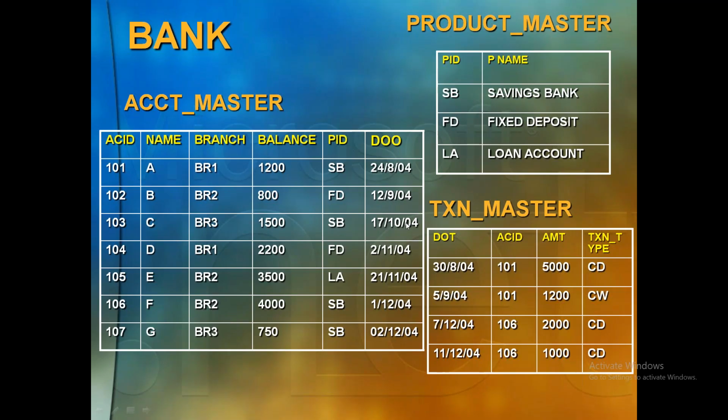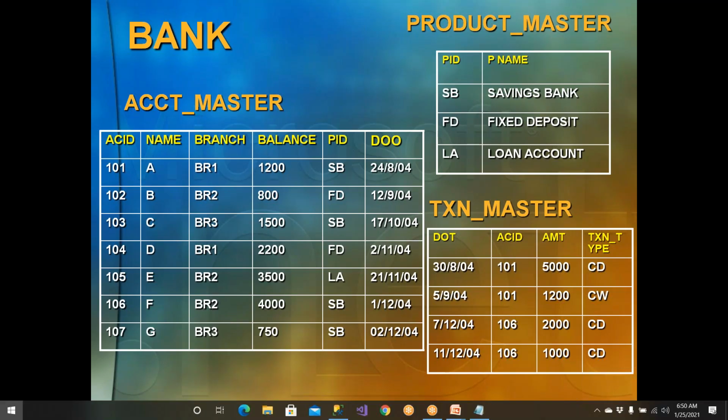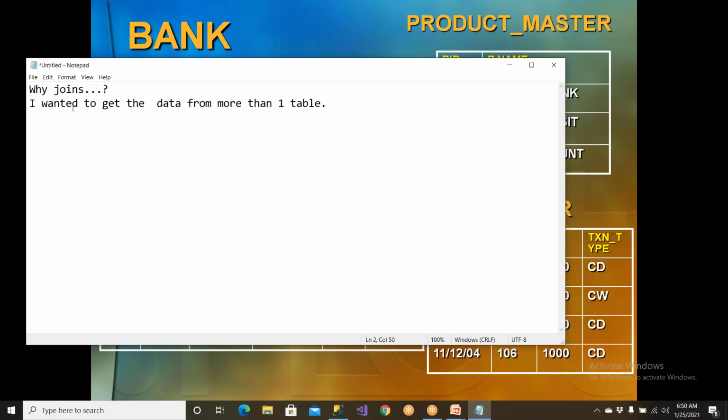The information is available in multiple tables. If you want to retrieve the data from multiple tables, then we must use joins. Clear? So how many tables you can join?